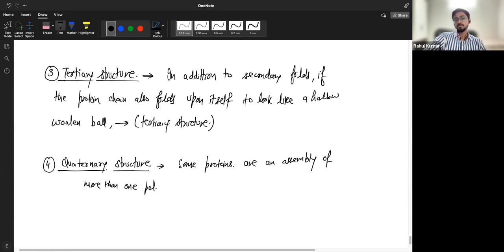More than one polypeptide chain. Okay. Some proteins are an assembly of more than one polypeptide chain, or in the bracket write down, more than one protein subunit.